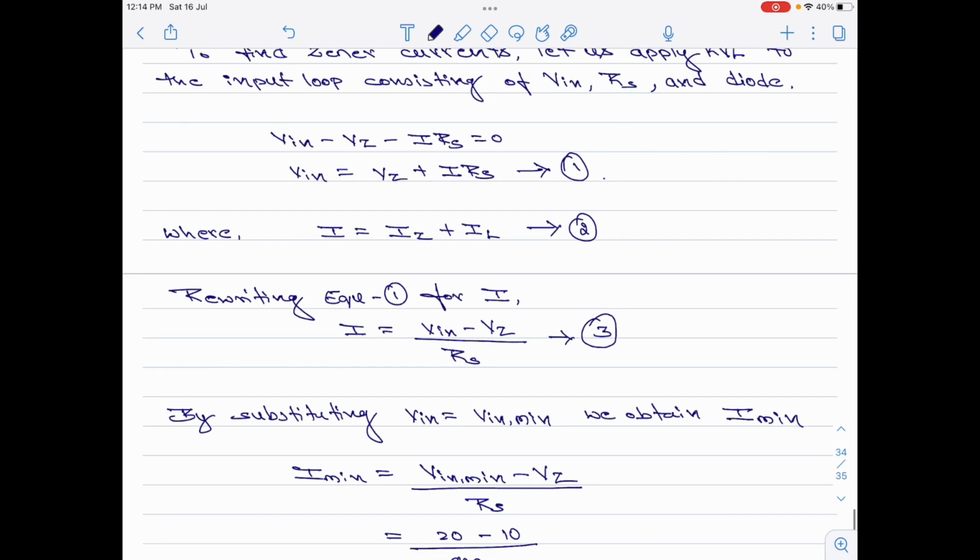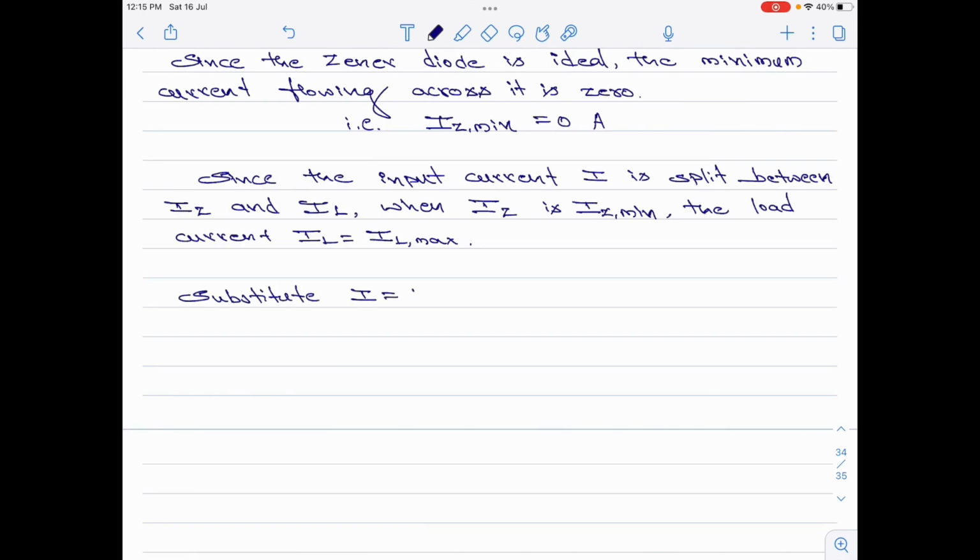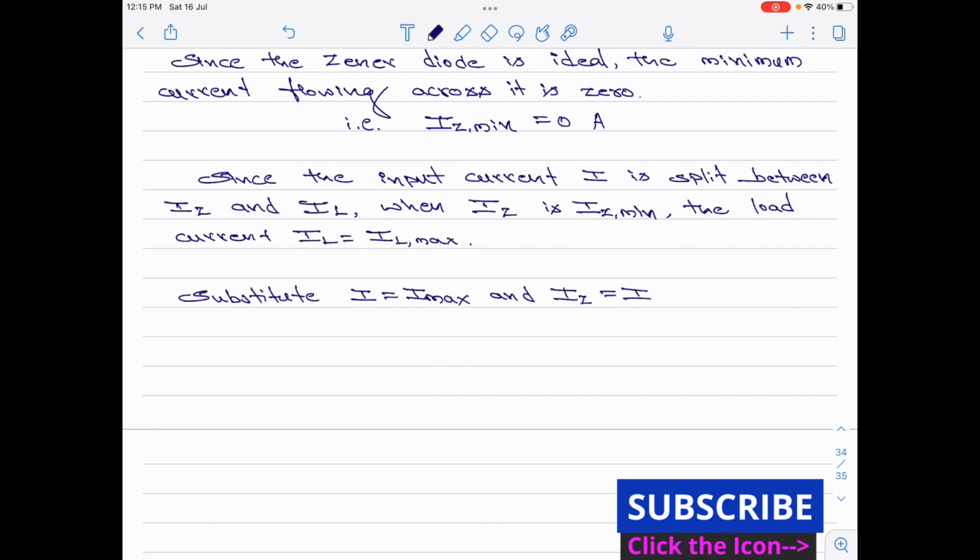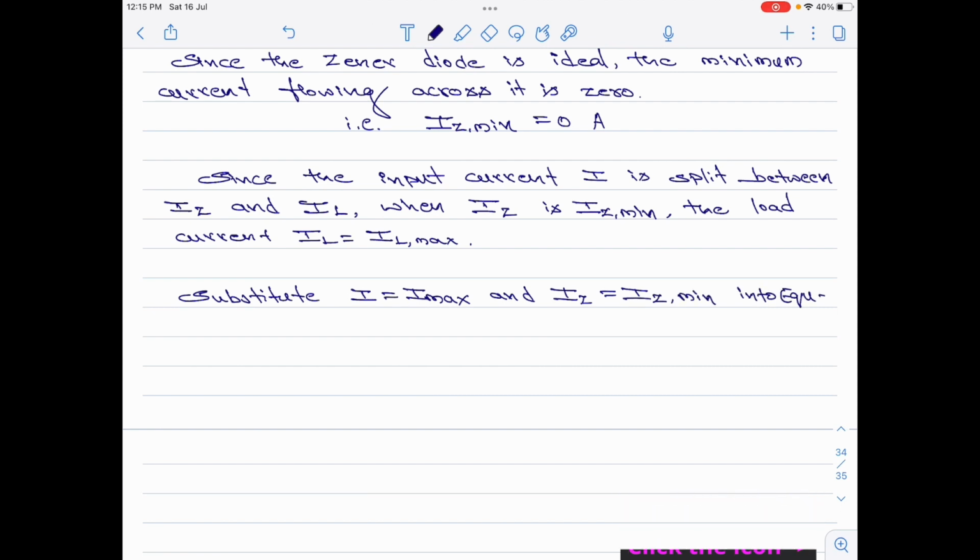So now I will rewrite equation 2, but now I will substitute I as I maximum and IZ as IZ minimum. So equation 2 becomes I maximum equal to IZ minimum plus IL maximum.